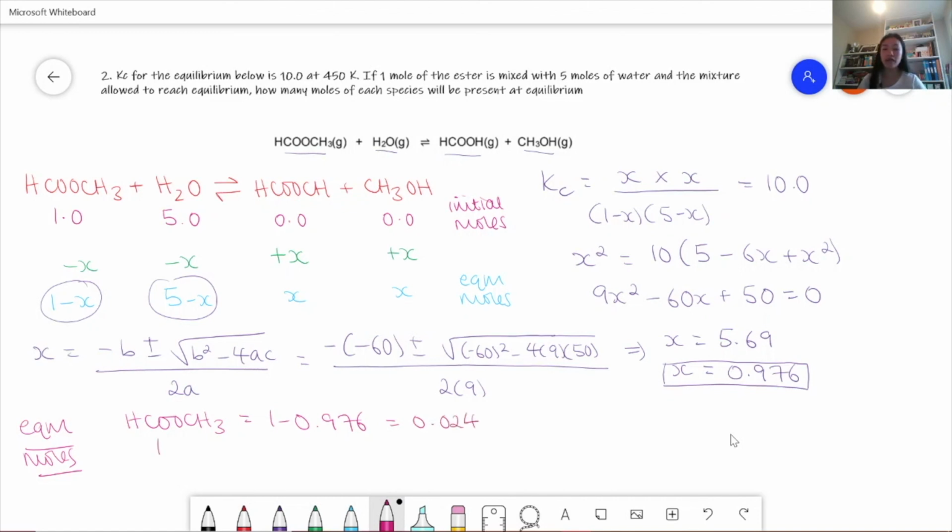And then we have water, which is equal to 5 minus 0.976, which is equal to 4.024. And then we have HCOOCH3, which will be equal to 0.976. And then also we have the methanol, which will also be 0.976. And those are our equilibrium moles.